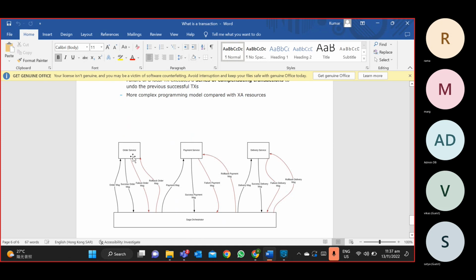Now, due to any reason, if there will be failure in order management, then this order service is not created. So if it is not created, then we are not going to do further processing.